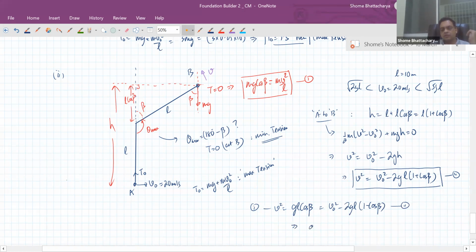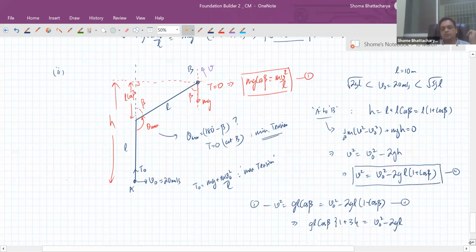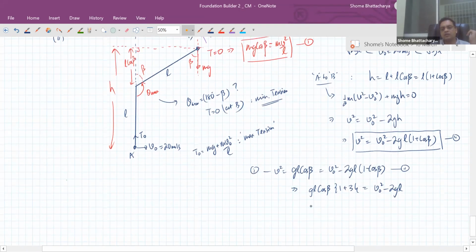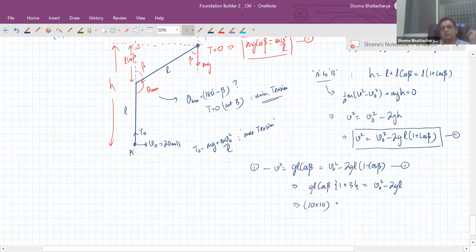So we'll get gL cos beta into 1 plus 2 is equal to v naught square minus 2gL. Now let's put the values. So 10 into 10 gL into, sorry, 1 plus 2, not 1 plus 3.